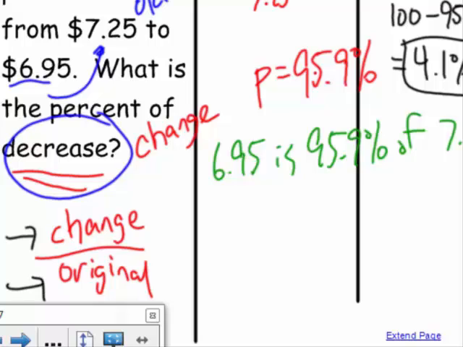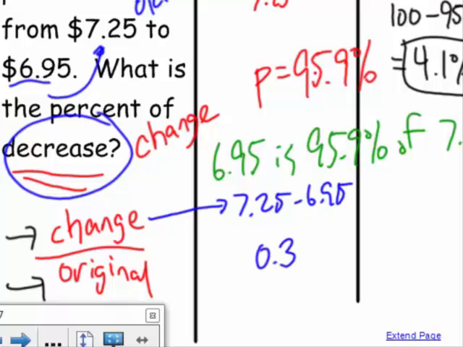So let's do that here on the bottom. Well, how much did 7.25 to 6.95 change? Well, what would I do to find the change? Change, we would subtract them. 7.25 minus 6.95, and I would get 0.3. And then we got to divide, so that was the change, right? And then we divide that by the original.